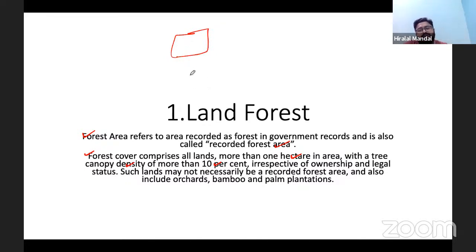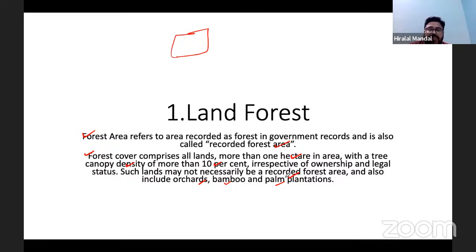On the basis of their tree canopy, it can be categorized into different classes. So that's the difference between forest area and forest cover. Both are not the same. Forest cover is not recorded as forest area, and therefore can include orchards, bamboo plantation, palm plantation, and so on.